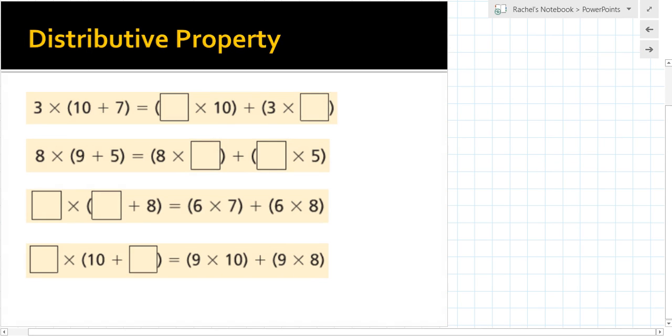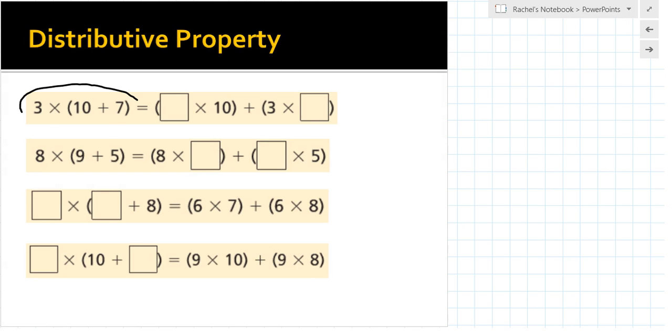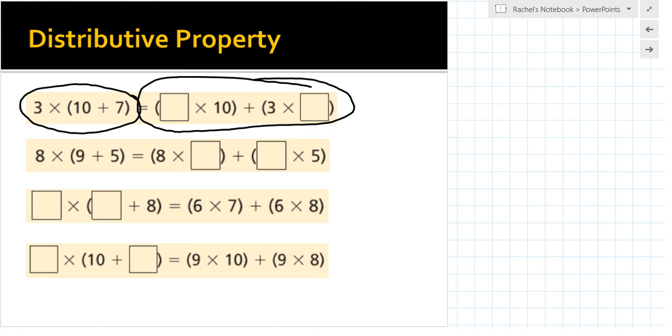Looking at the distributive property, we also reviewed looking at it in equations and finding missing numbers to help us get familiar with this distributive property. So looking at this number here on the left of the equal sign, we want it to be the same as the right side of the equal sign because that's what the equal means. It means the same as.